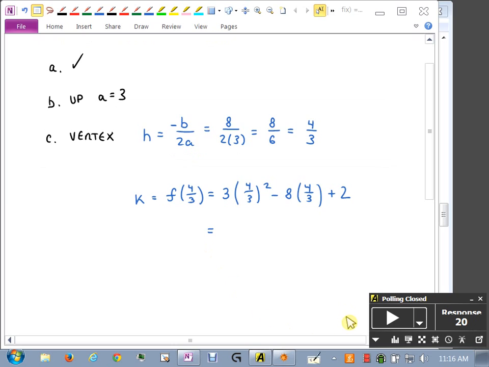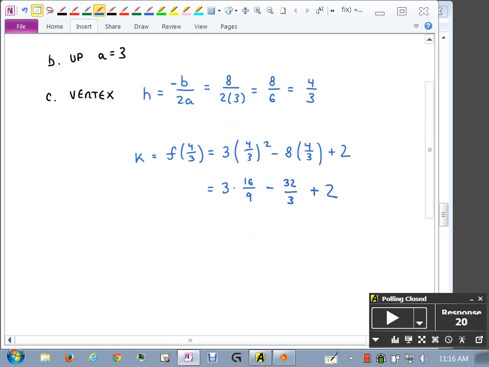I square 4/3, so square top and bottom. This gives me 3 times 16/9 minus, now on the 8 times the 4/3, I just go 8 across the top. 8 times 4 is 32 over 3, and then plus 2.